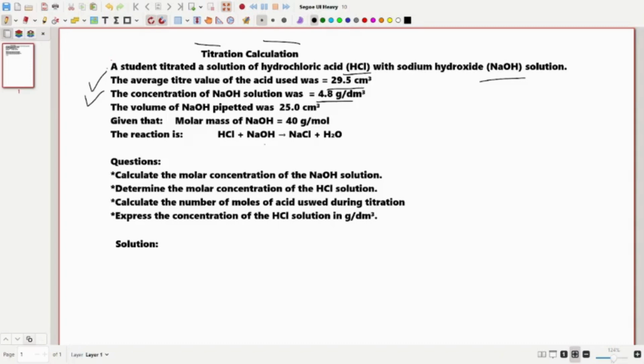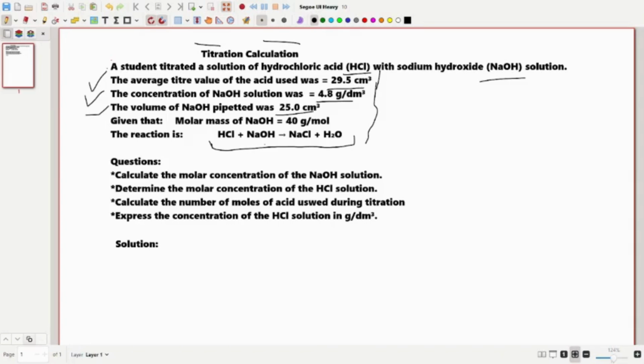Then the volume of the sodium hydroxide used during the titration is 25 cm³. We're supported with the equation of reaction, and to use all this information to answer the questions below.